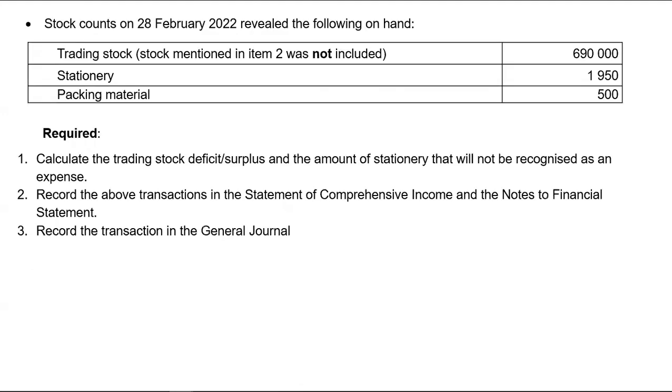The third point says stock counts on the 28th of February 2022 revealed the following on hand, trading stock, and in brackets it says stock mentioned in item 2 was not included, meaning that the stock that we bought was not counted.